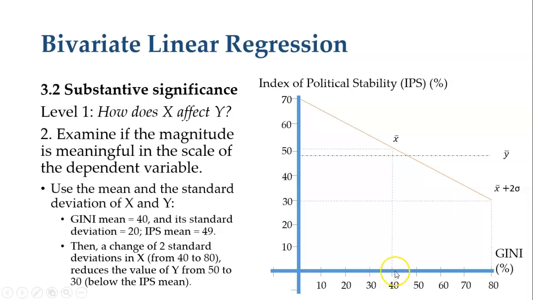So if we have an increase of two standard deviations in our independent variable, so if we move from 40 percentage points to 80 percentage points, we're going to see a decrease in the index of political stability from above the mean, which was 49%, to below. Now it's going to be 30%. So it's going to be a huge decrease in this index.